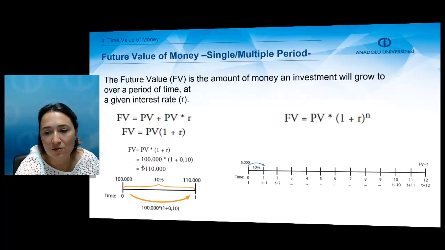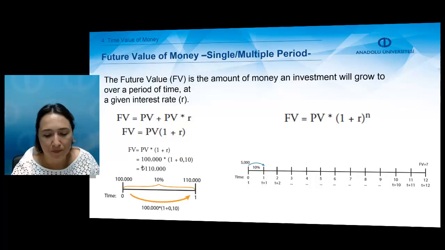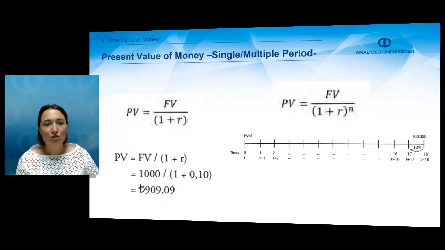As you can see in the figure, here we have 12 periods and our n, the number of periods, is 12.